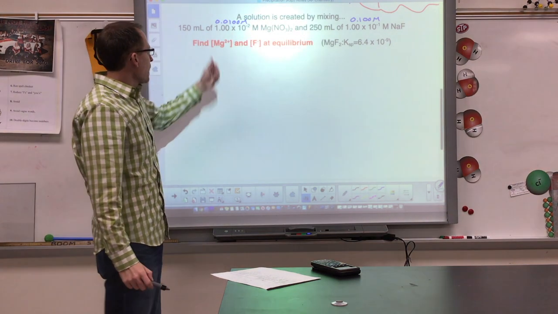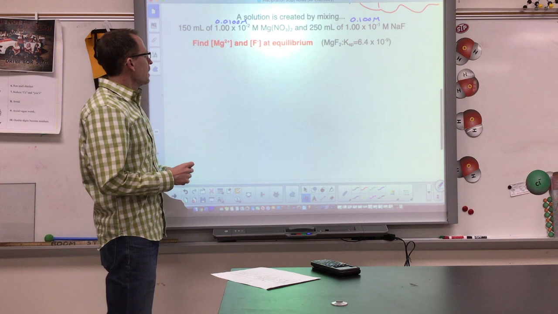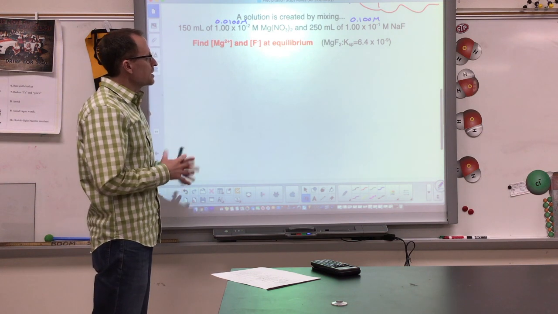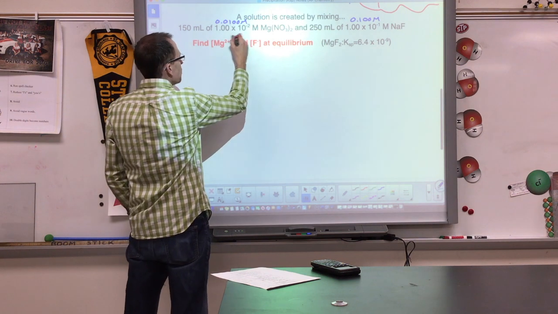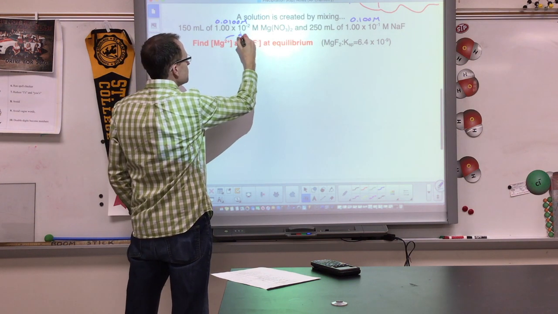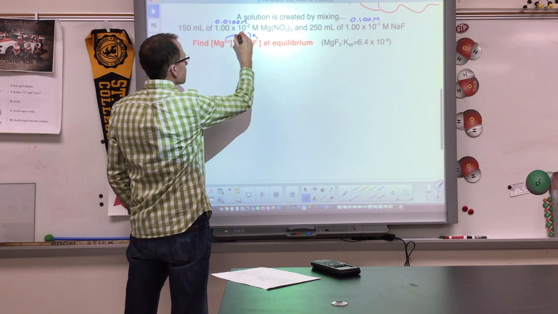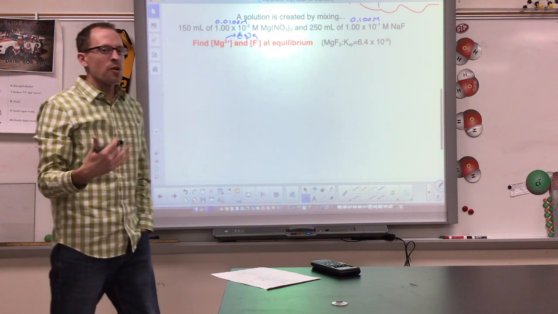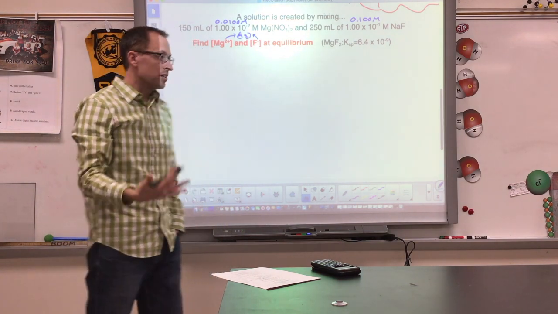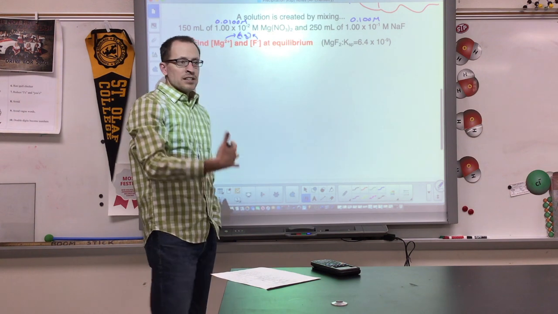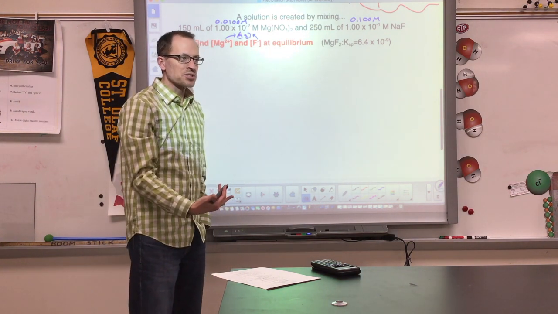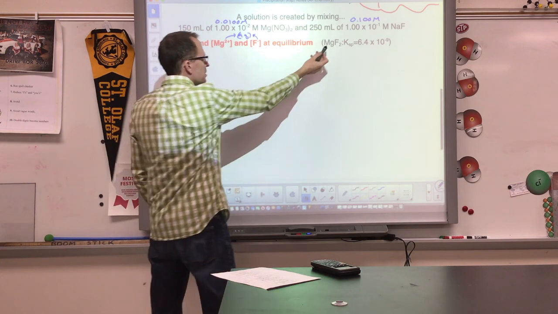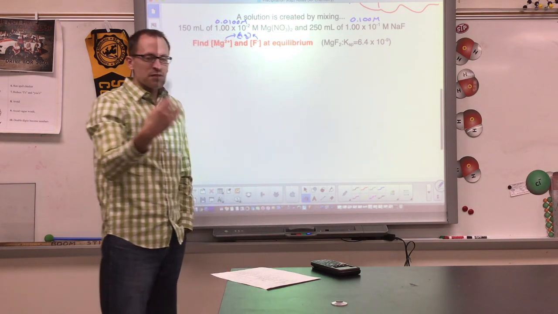Here it is. Find the concentration of Mg2+ and F minus at equilibrium. So please be mindful, if you're given ions, these are both aq. Right? So I'm wanting to know how much of my ions have dissolved. Has all of this dissolved? Is only some of it going to dissolve? If only some of it dissolves, that means the rest of it actually precipitated out. So here's my equation, or my final product.